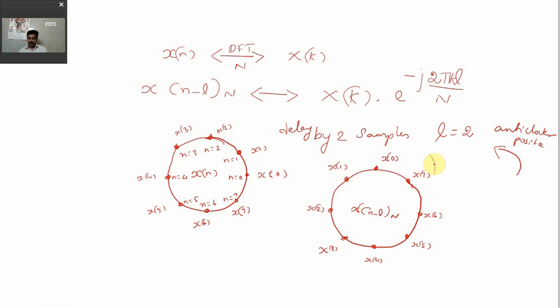Actually we can split this area into two parts: from here to here one part, and from here up to this point another part.